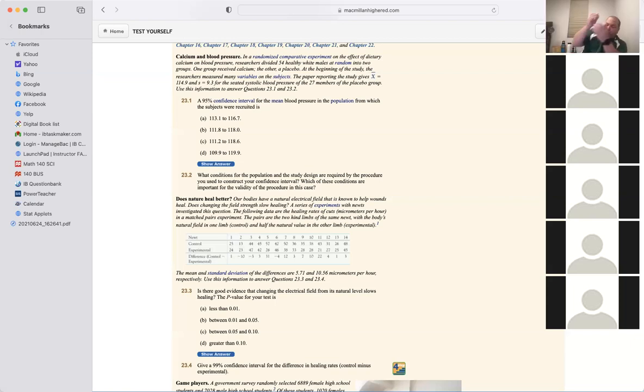Anyone? The one prop z-test. No, these are not proportions. It's not a one prop. It's a matched pair t-test. This is a t-test. Matched pair is always a t-test. Yes, no?